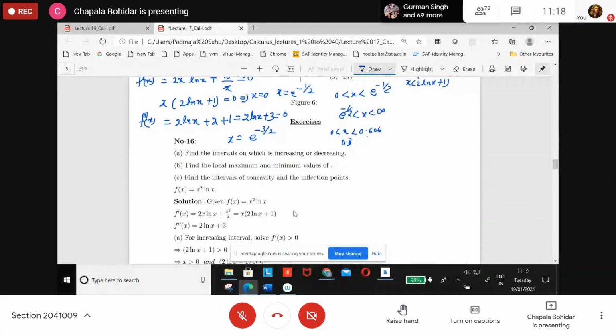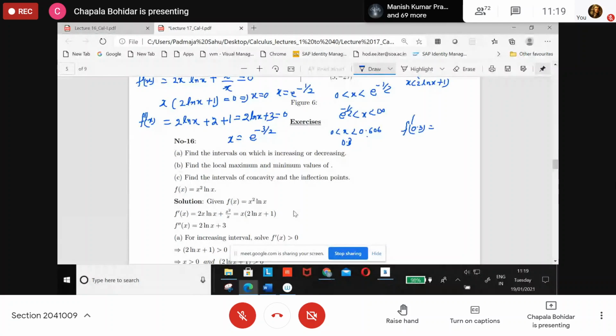So what functional value do we get on this interval? f dash of 0.3 is how much? Tell me. Is it positive or negative? Negative.